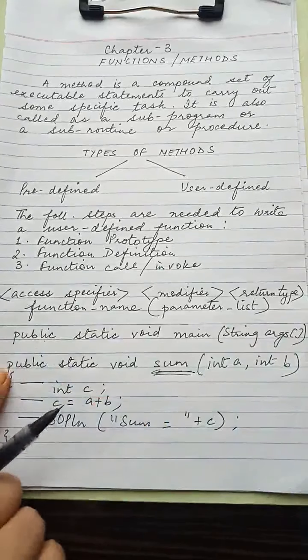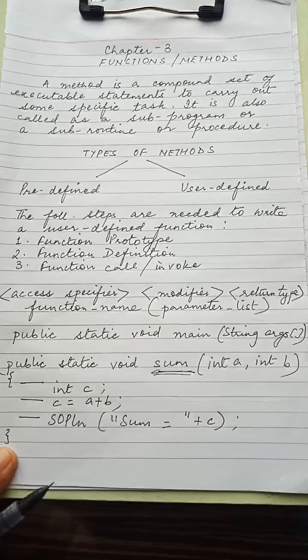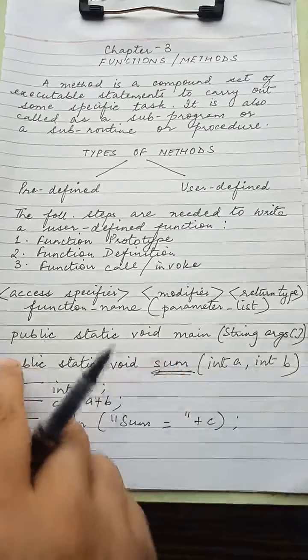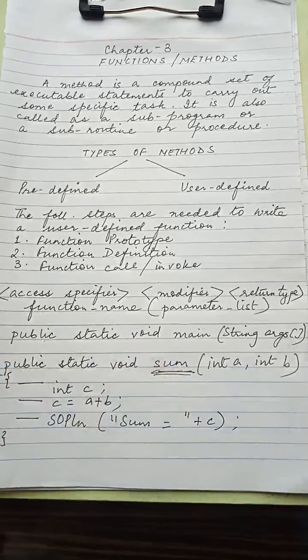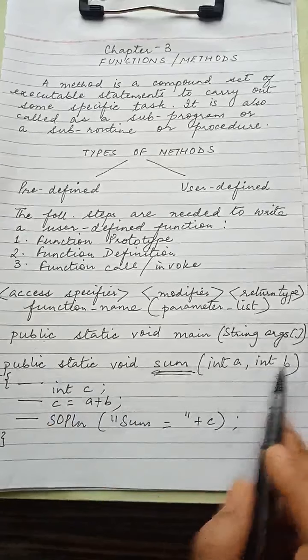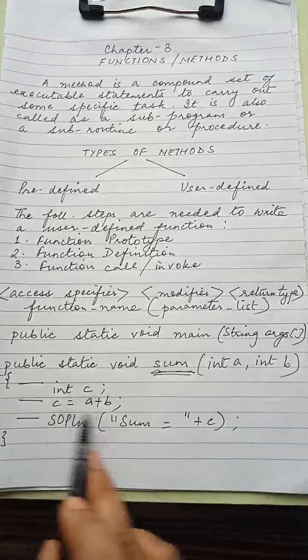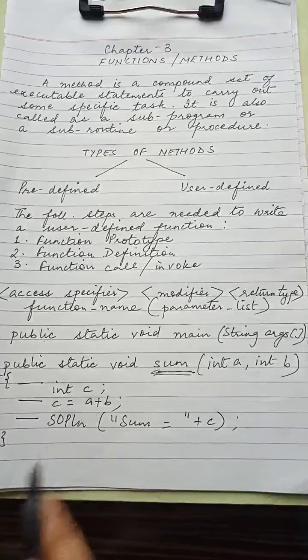The function definition is the body of the function. The function prototype is the first statement which is used to declare a function, and the function definition is used to write the statements within it, what is to be executed.